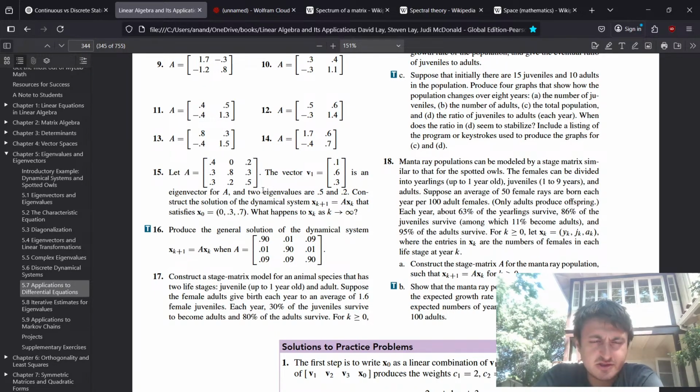This one's kind of interesting. A is a 3x3. We're given 1 eigenvector and 2 eigenvalues. Construct the solution of the differential equation in the one time step form that satisfies x0.